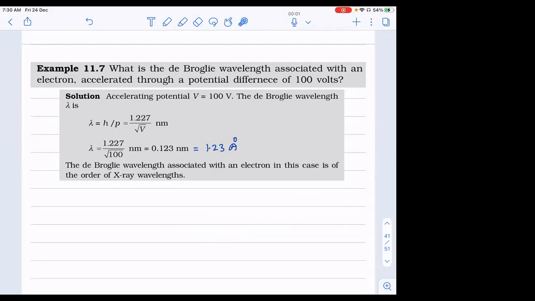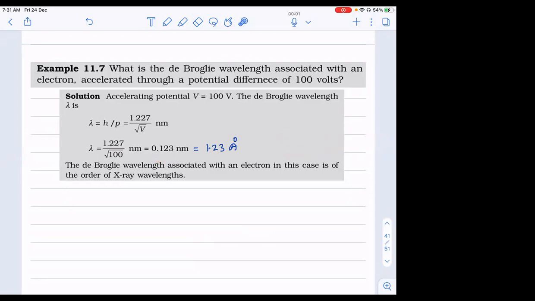In a normal microscope, we use only light, whose wavelength is much greater than this wavelength. What is the wavelength of light? 400 nanometer to 700 nanometer. But this is much smaller than that.